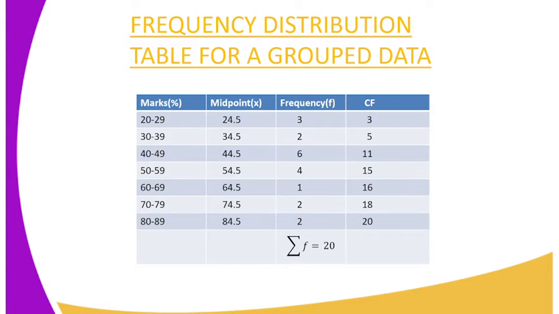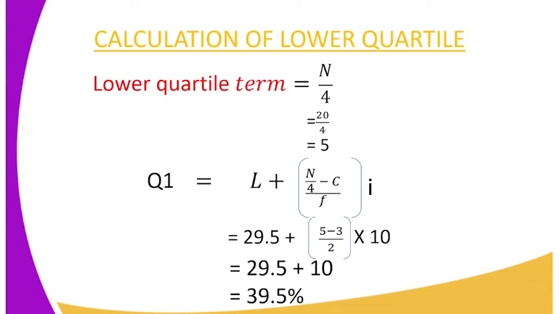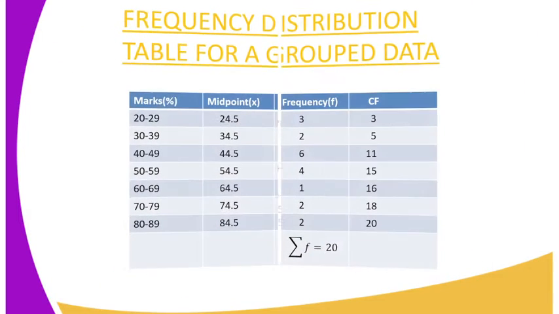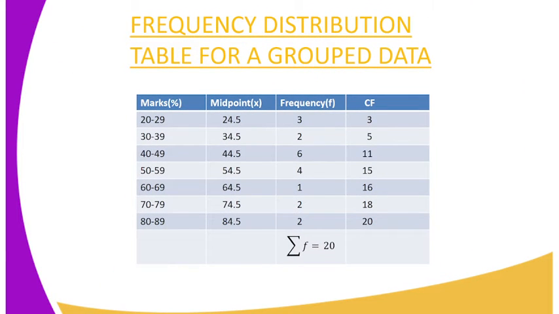So 20 you divide by 4, sorry, you will get 5. And you go back to the table, you look for the fifth term in the cumulative frequency column, and the fifth term is on the second row.